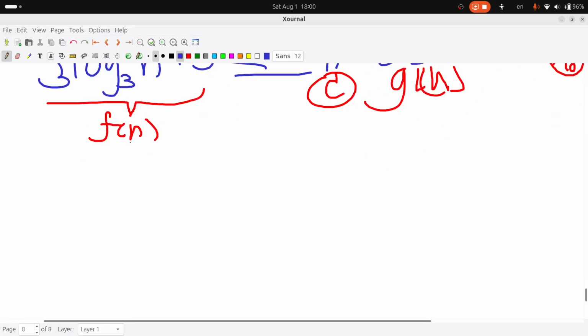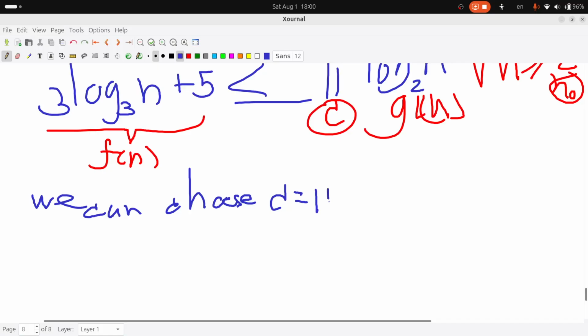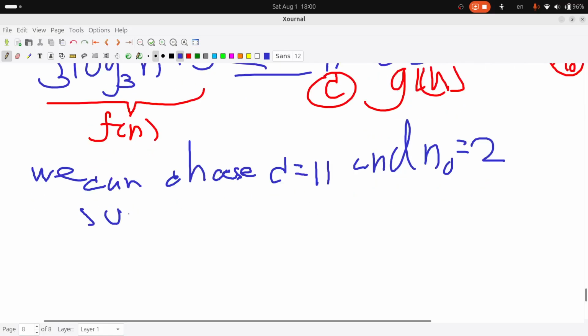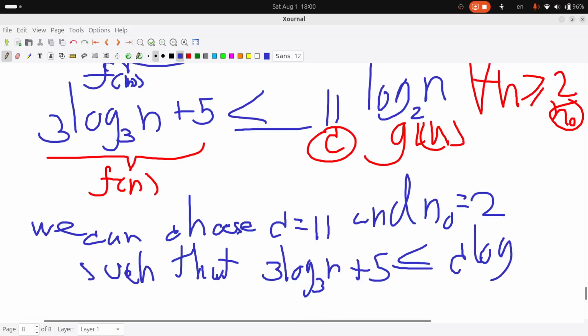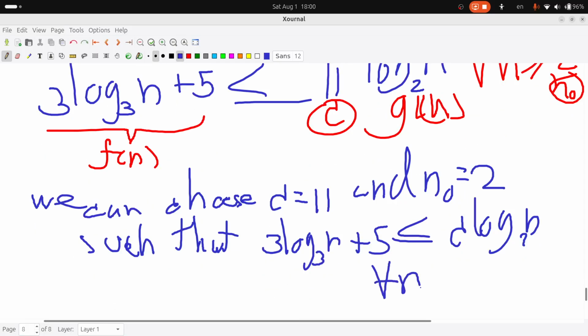So we say that we can choose c equal to 11 and n0 equal to 2, such that 3 log n base 3 plus 5 is less than or equal to c log n base 2 for all n greater than or equal to n0.